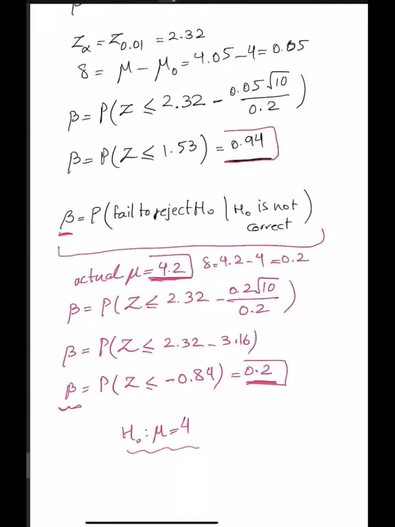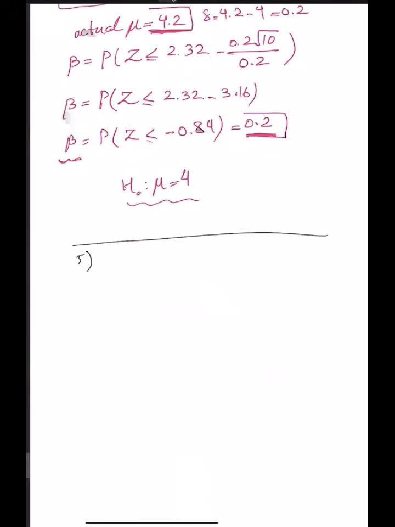Let's go to problem number 5. In problem number 5, we have an engineer who is studying the tensile strength of a steel alloy, which is used in a golf club. And this strength is estimated to have a normal distribution with sigma equals 60 psi.